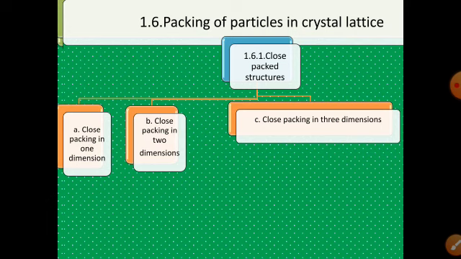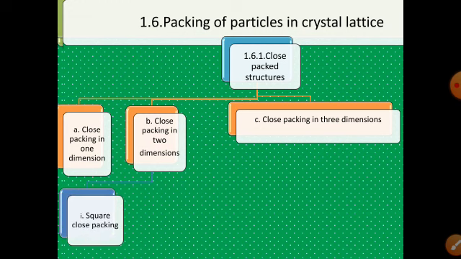To understand the packing in three dimensions, we should be thorough with one dimension packing and two dimension packing. If you know one dimension packing and two dimension packing, it is very easy to understand three dimension packing. The two dimension packing again depends upon shape: square close packing and hexagonal close packing.